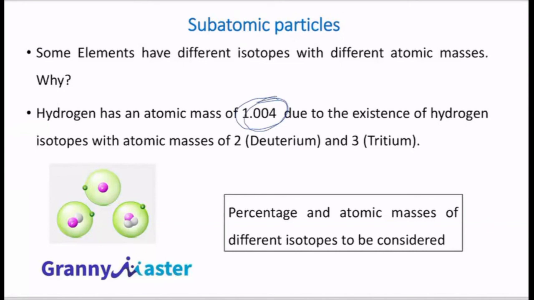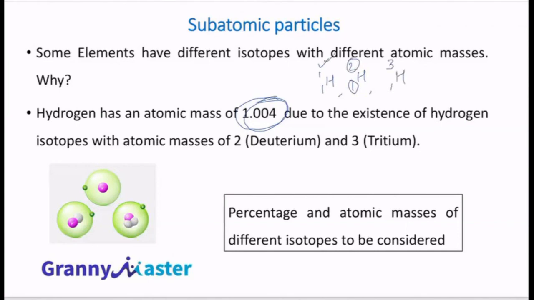The reason for this is the existence of isotopes, because hydrogen on our Earth exists in three different forms: with atomic number 1 and mass number 1, with atomic number 1 and mass number 2, and with atomic number 1 and mass number 3.